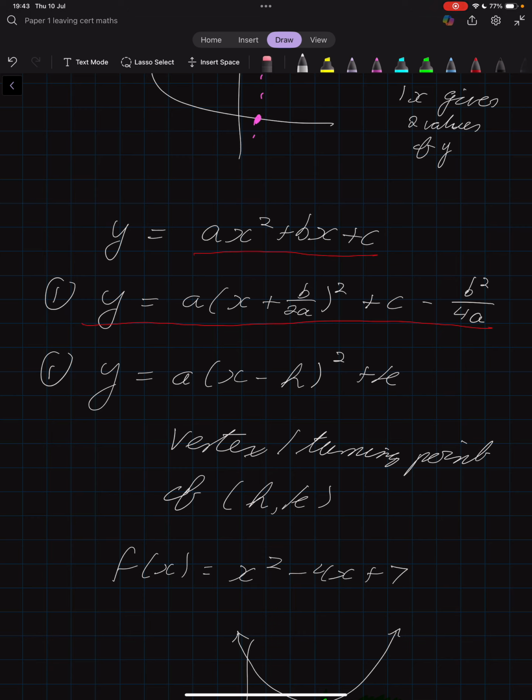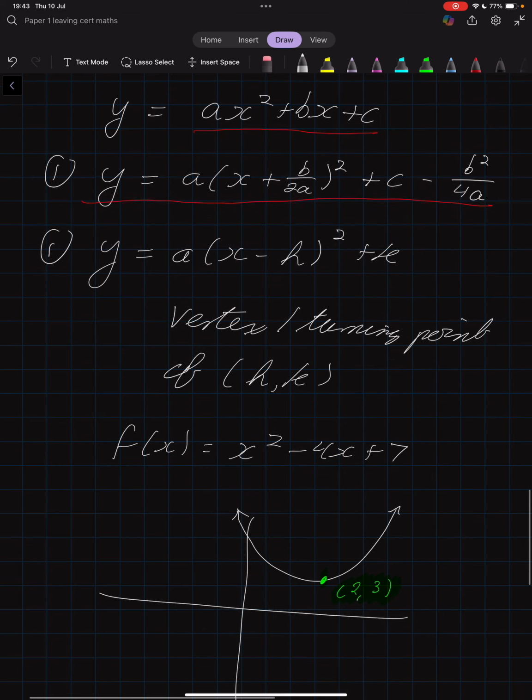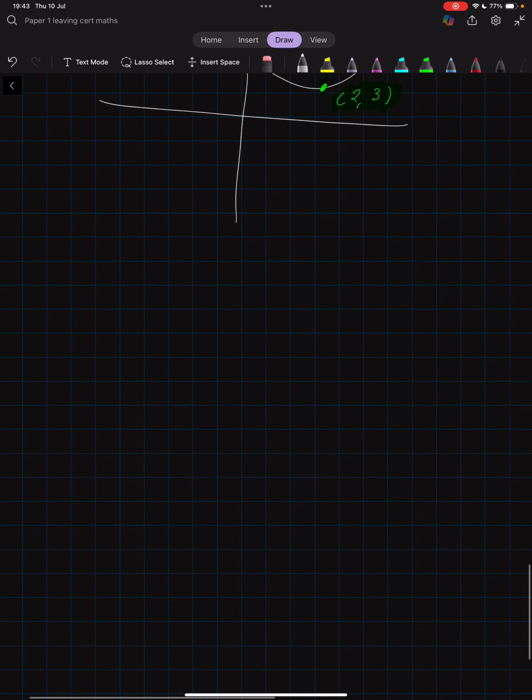Okay, so now I'm going to complete the square on a couple of them. So if I complete the square here, it says f of x. You can also write this as f maps x to this.